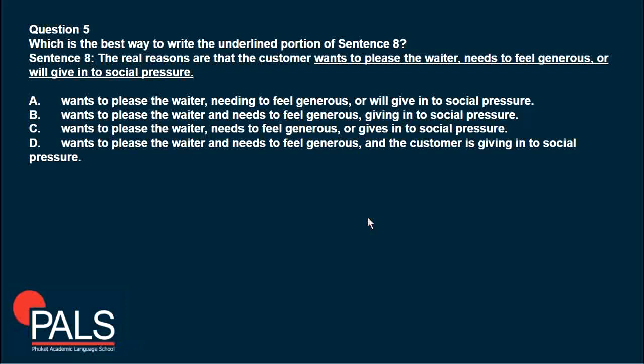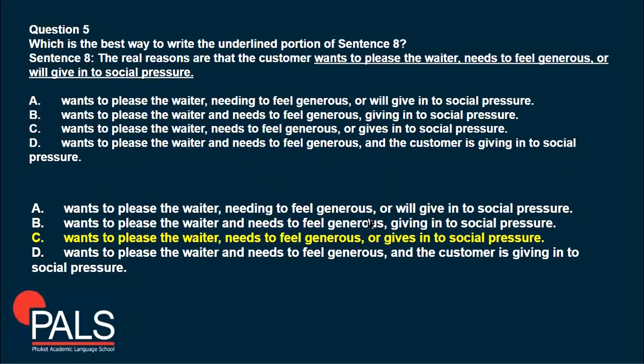Okay, let's take a look at the answer. There you go. Wants to please the waiter, needs to feel generous, or gives in to social pressure. What did you notice? If we're talking about parallel structure, we should consider the tense and the form of verbs used in the list.